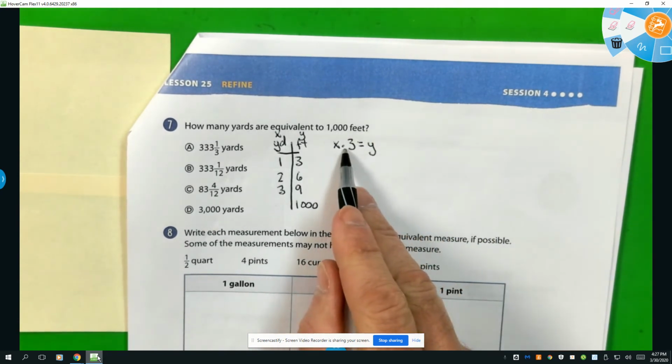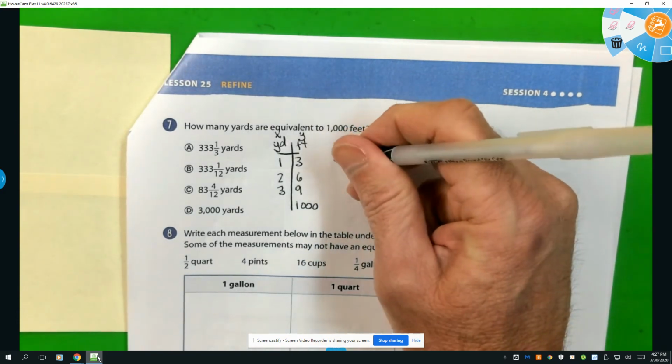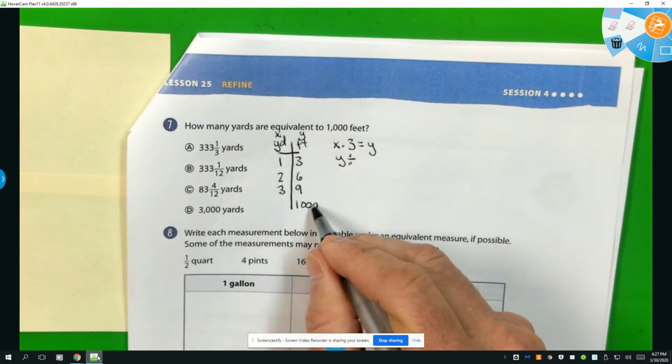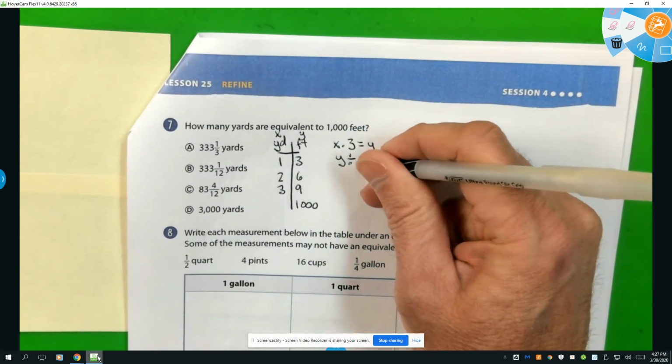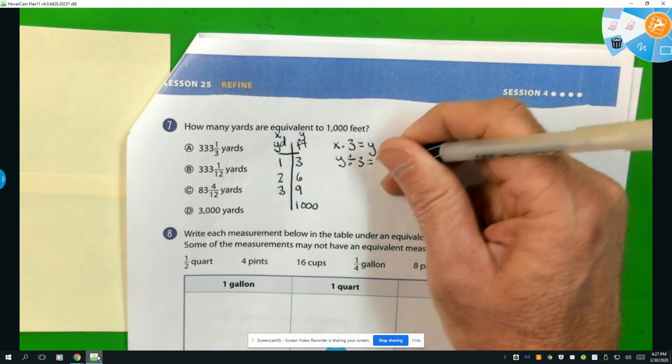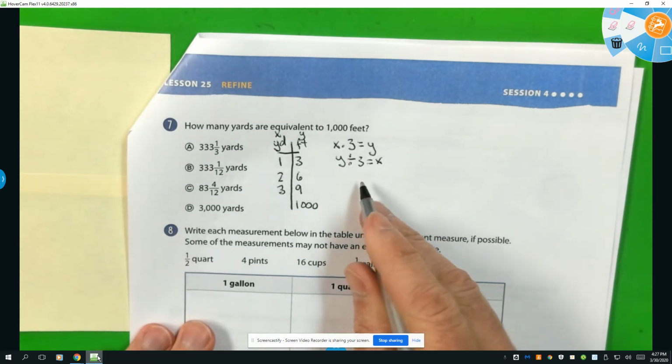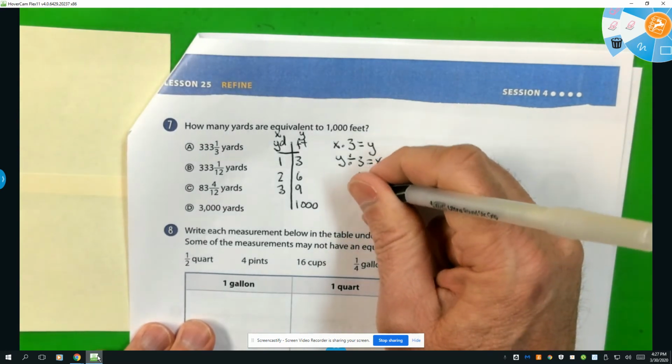What's the opposite of times 3? Divided by 3 will equal x. So if I know the y, whatever number it is, divided by 3, and it will equal x.